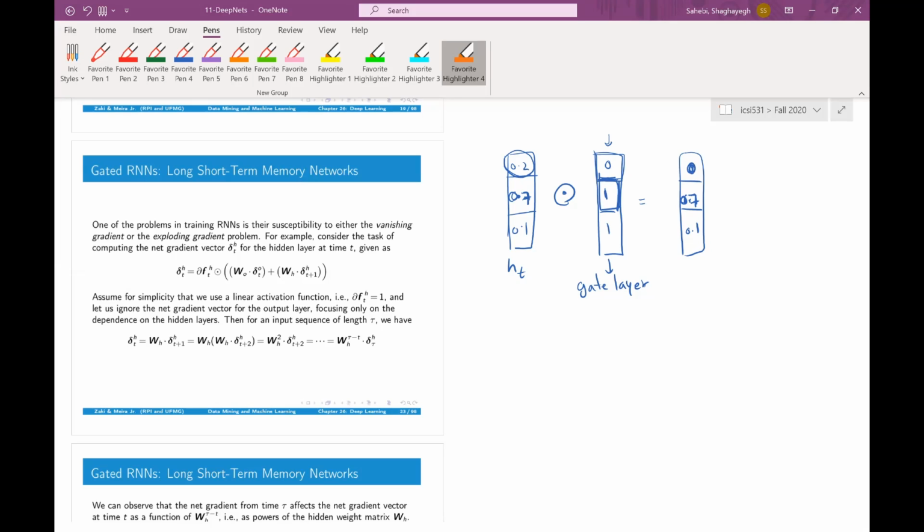So we do have this selective read and write operation to store the values, read some values, and write to output when those values are needed.